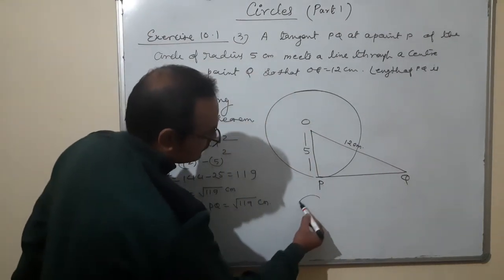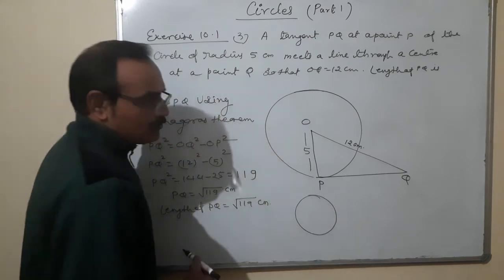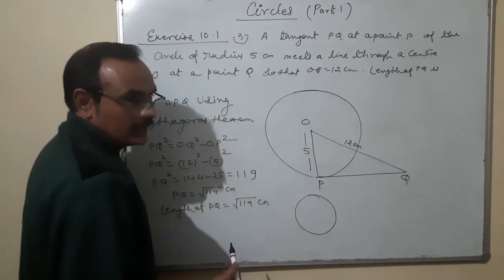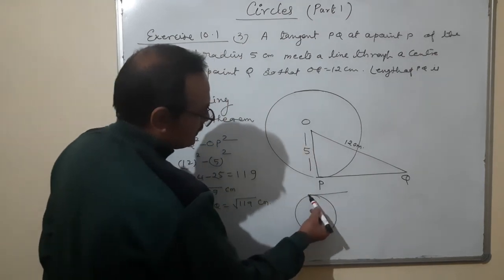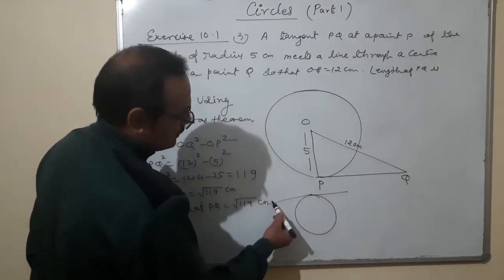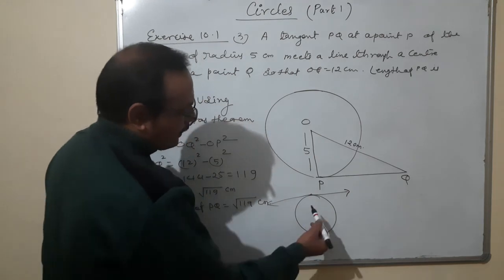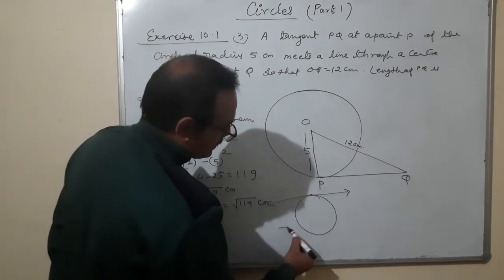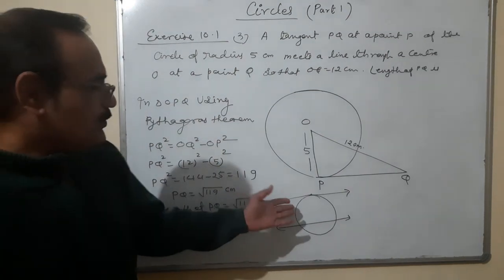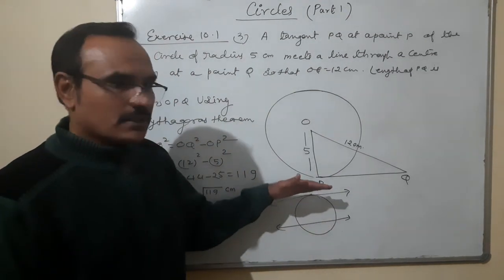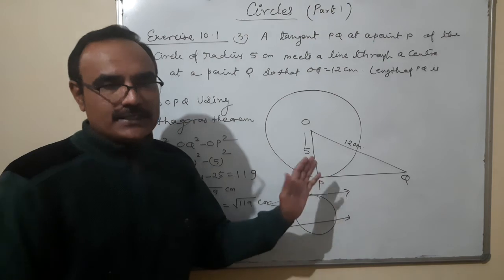One is a tangent, which is compulsory. So suppose this is a tangent. And the second one is a secant to the circle, which is parallel, like this. So that type of situation is possible here. You can use it upside, downside, left side or right side.